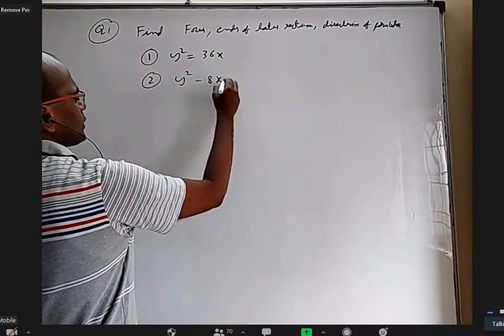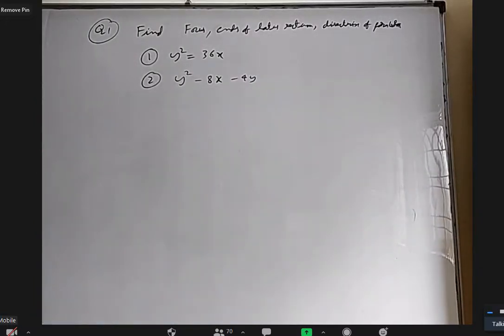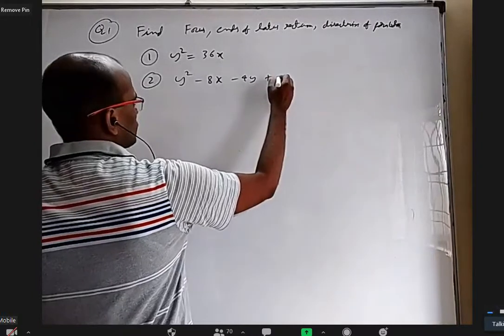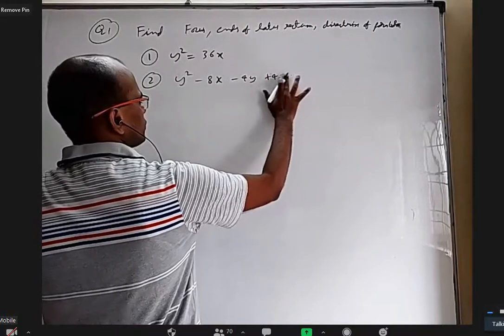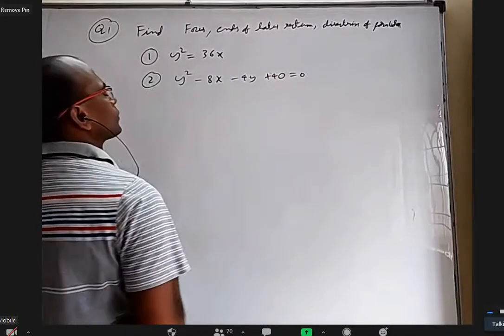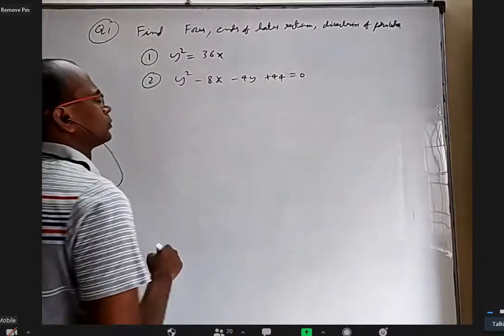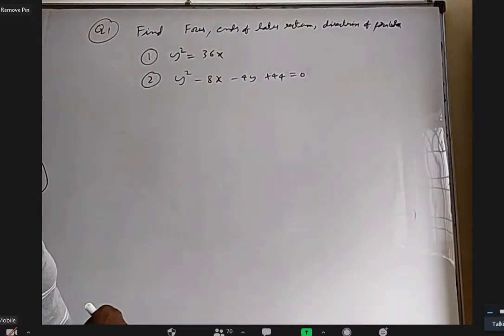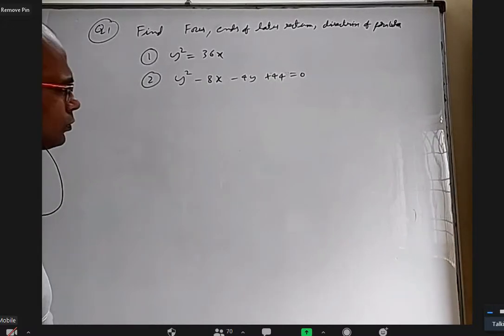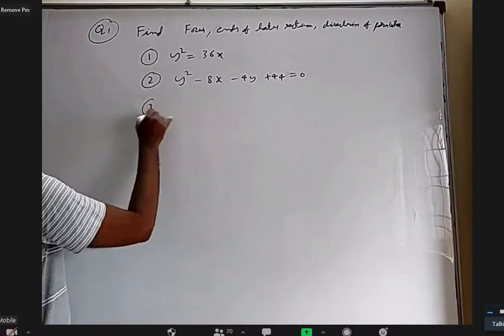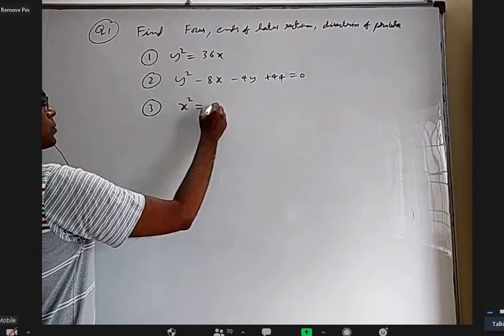y square minus 8x minus 4y plus 40 equal to 0. And x square equal to minus 8y.